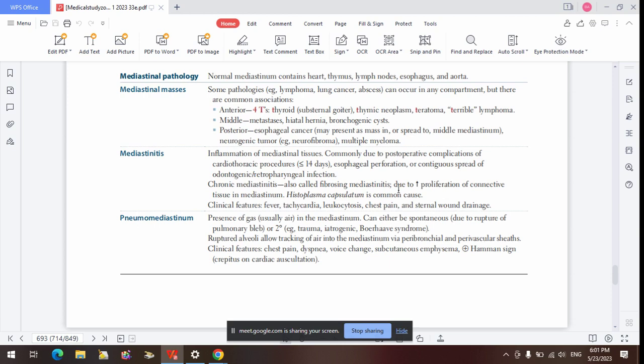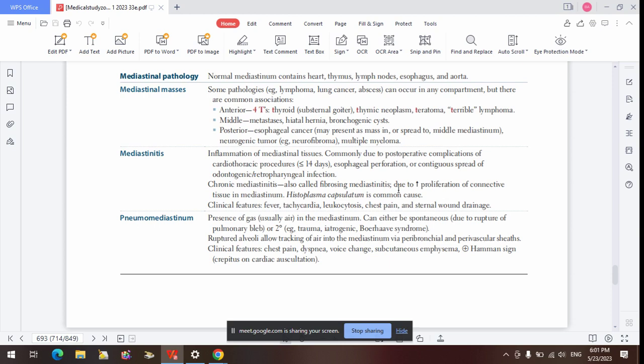So both the pharynx and the oral cavity have continuity with the mediastinum through the deep spaces of the neck as well as the fascial planes. So that means that infection can track along those fascial planes and descend down into the mediastinum. So someone that has a dental abscess, or someone that has a pharyngeal infection, they can develop mediastinitis.